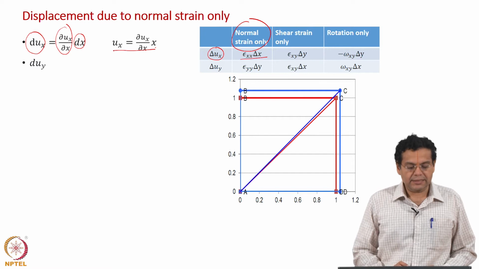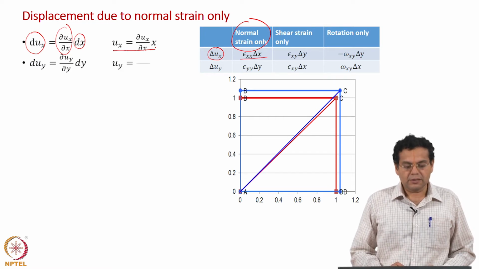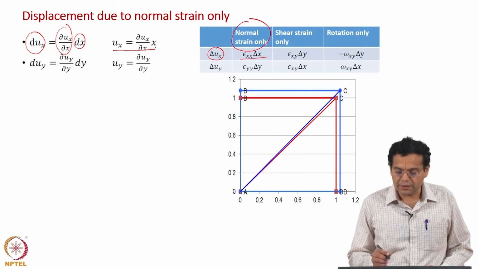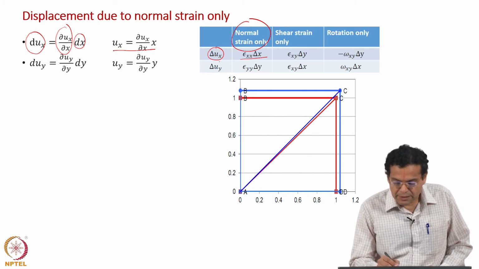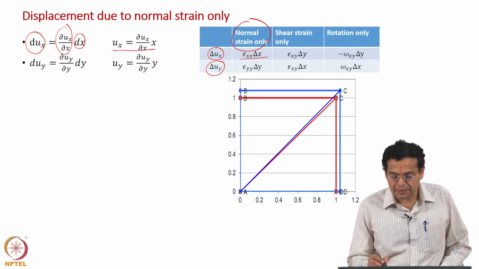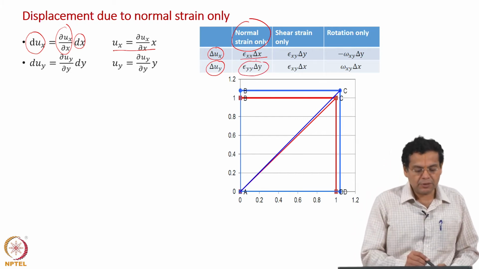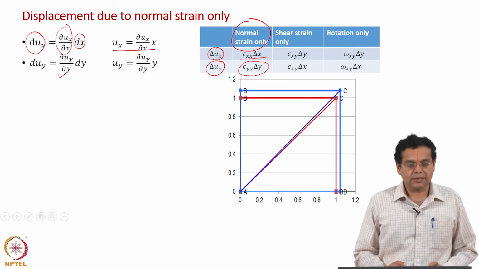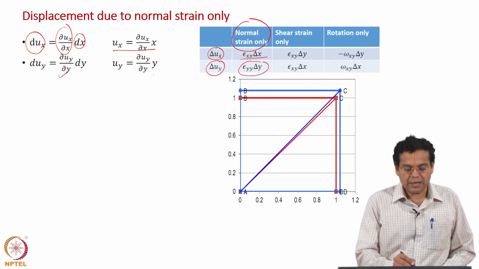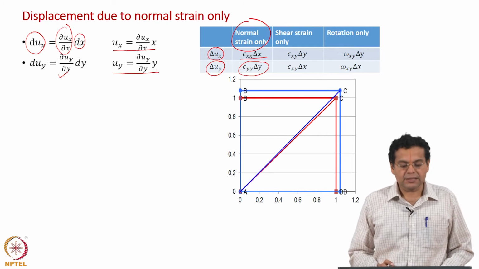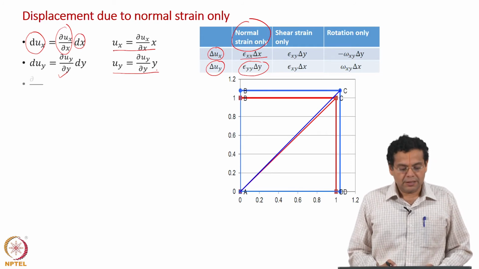Similarly, in the y direction, we write du y is equal to dou u y by dou y into dy. How did we write that? For the normal strain only, the difference in y displacement is given by epsilon y y into delta y. Epsilon y y is nothing but dou u y by dou y into dy. So, as we have seen earlier, we get this expression for displacement. Okay.